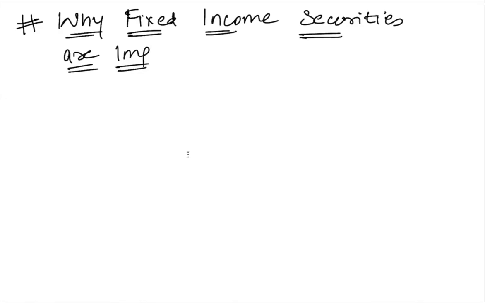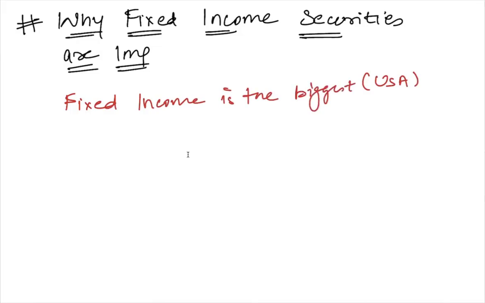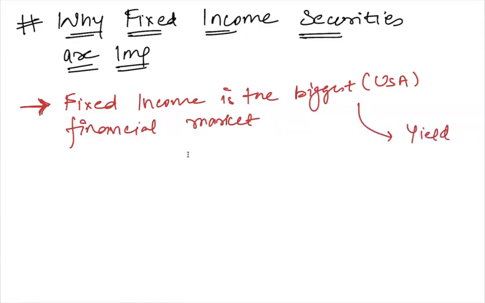But actually, in the United States, fixed income is the biggest financial market. That's why it is very important to understand the fixed income market. And one of its core concepts is the yield curve, which we'll see in some time.